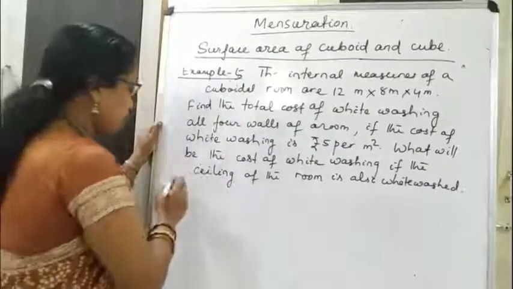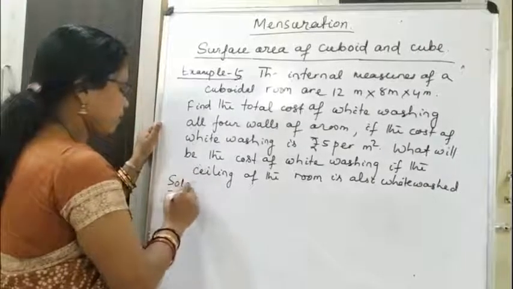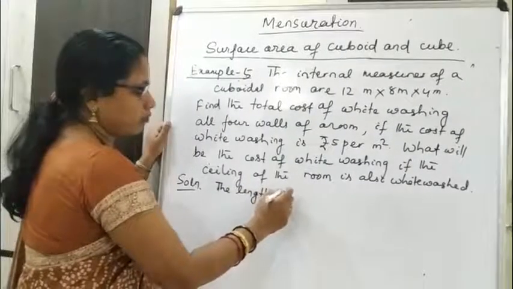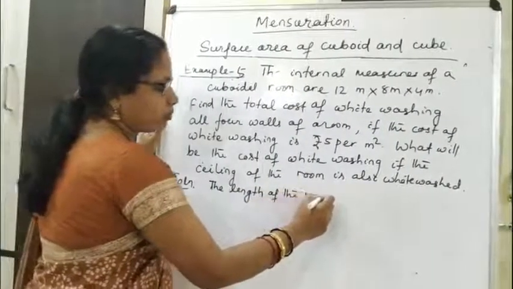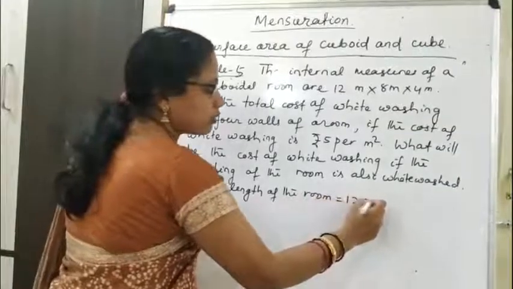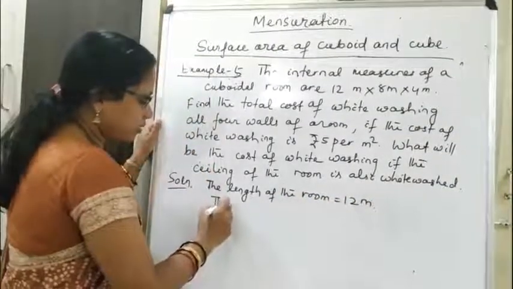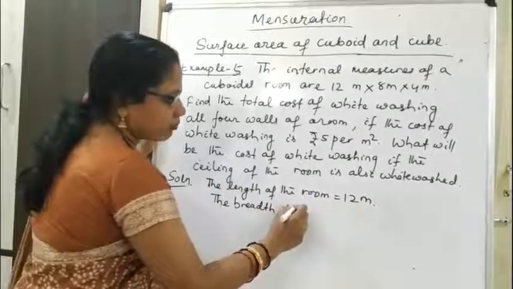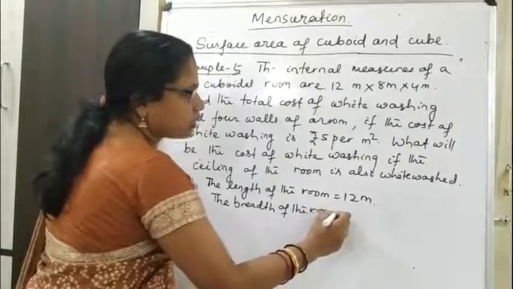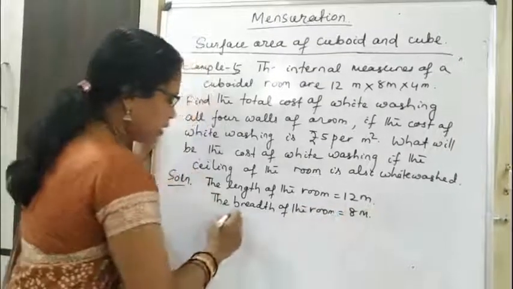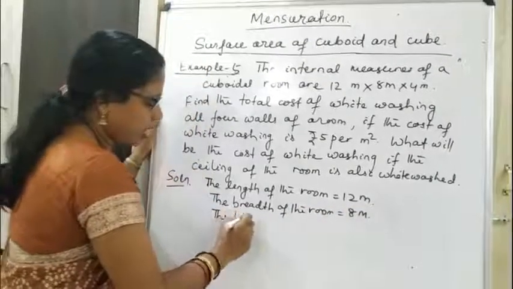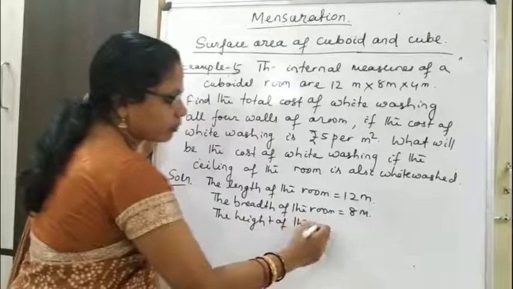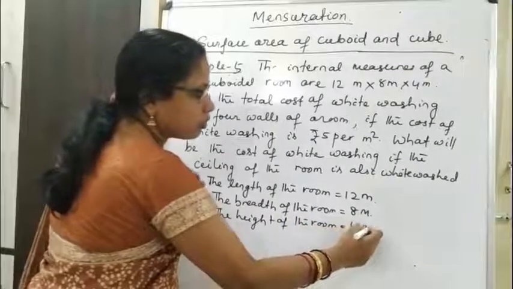So here the length of the room is equal to 12 meter and the breadth of the room is equal to 8 meter and the height of the room is equal to 4 meter.